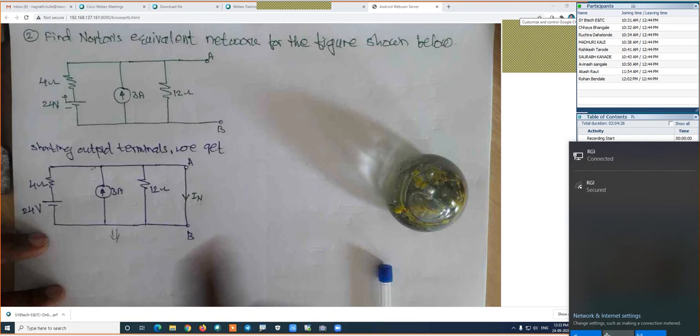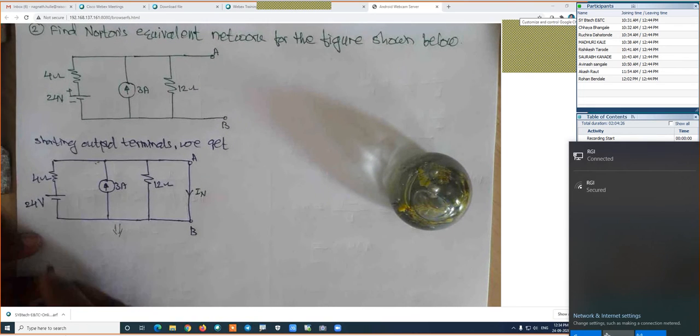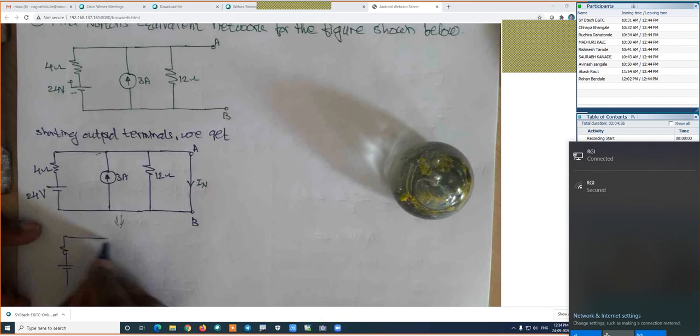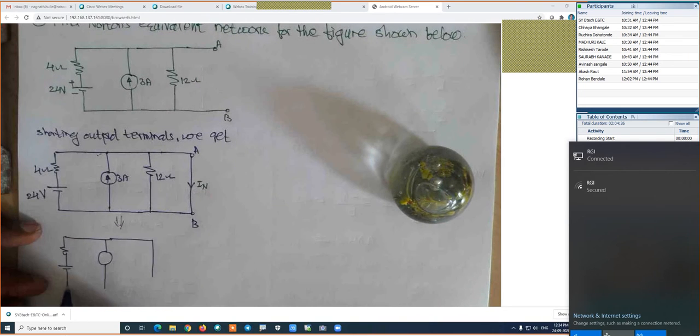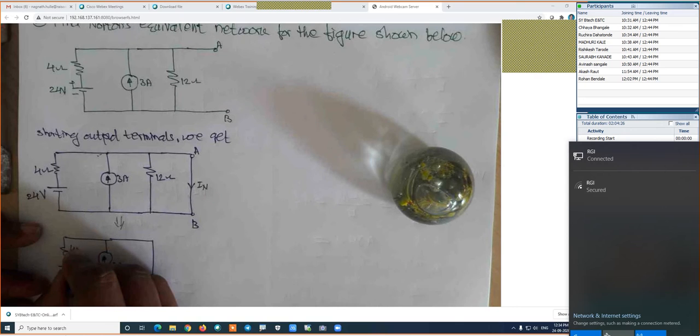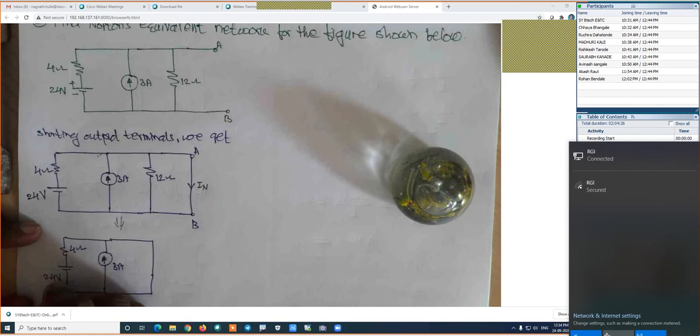How is the parallel combination? 0. This next figure will be something like this. कुछ इस तरह से होगा. This current is 3 amperes. This is 4 ohm and this is 24 ohm.